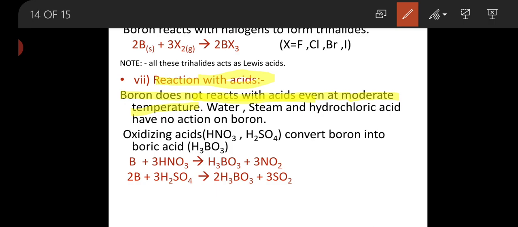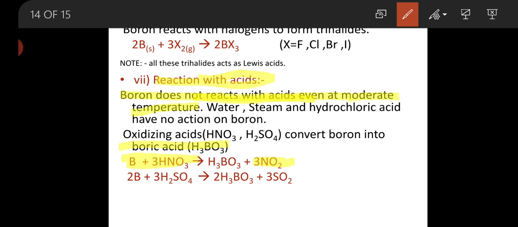So boron on reacting with nitric acid at a high temperature forms boric acid, H3BO3, which evolves nitrogen dioxide, NO2.